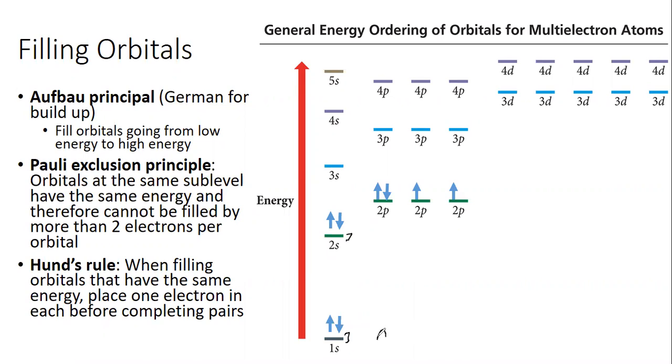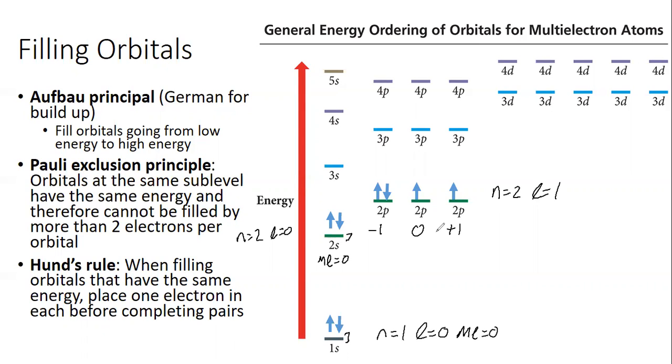So 1s is n equals 1, l equals 0, m sub l equals 0. 2s is n equals 2, l equals 0. This is m sub l equals 0. 2p, n equals 2, l equals 1. Then m sub l can be minus 1, 0, or plus 1. That's why we have 3 dashes for the p orbital.